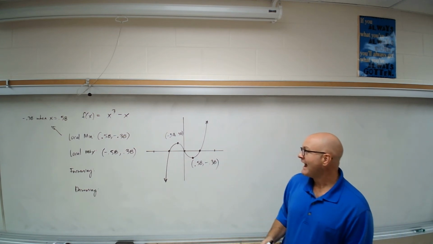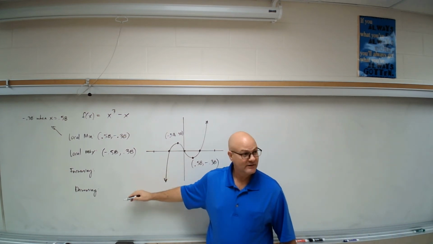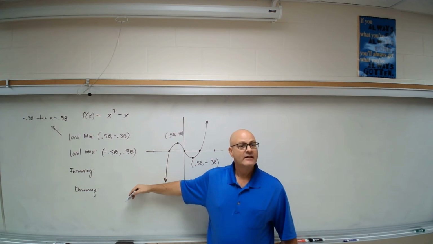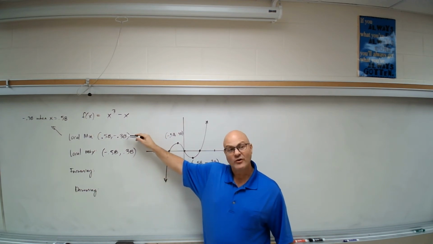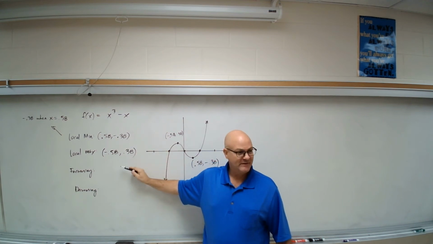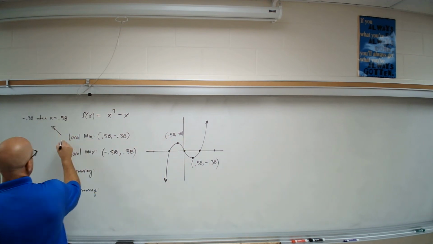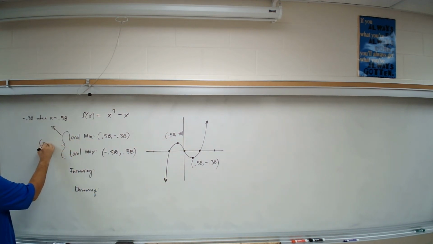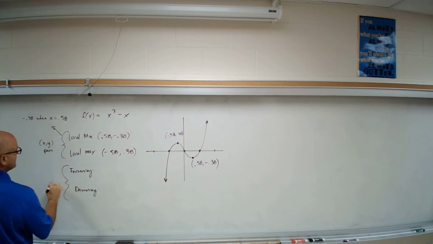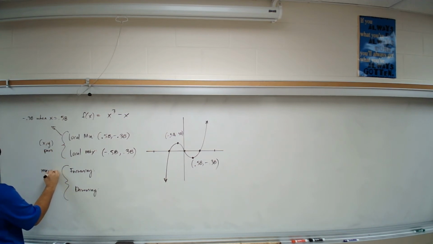Now, once we know that, does it make it pretty easy to knock out increasing and decreasing? The thing to catch is these are actually x, y ordered pairs, while these are going to be intervals of x values, which can be a little bit confusing. So remember, these are xy pairs, and these will be intervals of x.